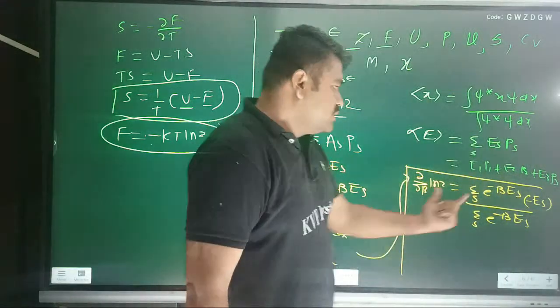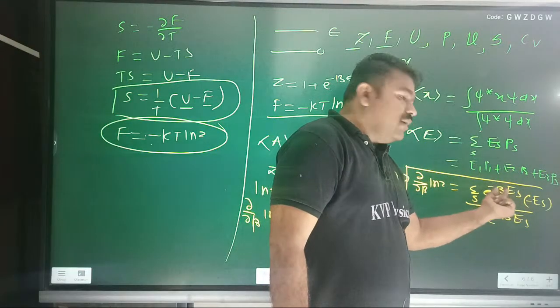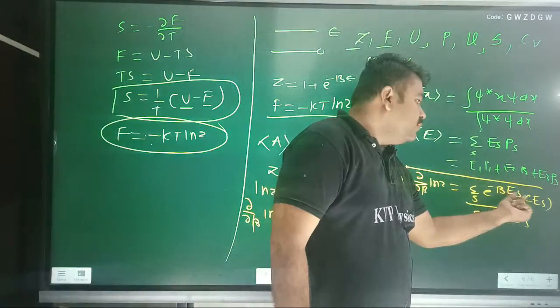Yes or no? The derivative of minus beta E_s with respect to beta is dou beta upon dou beta, which is 1, into minus E_s.